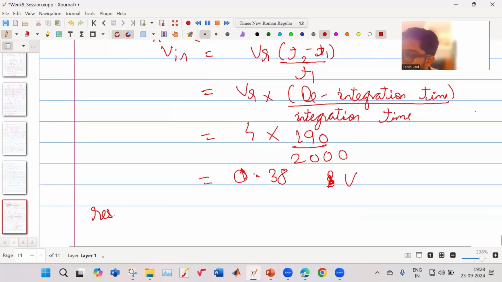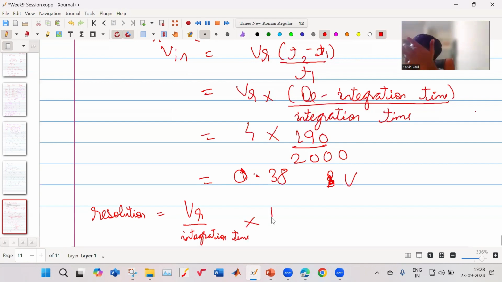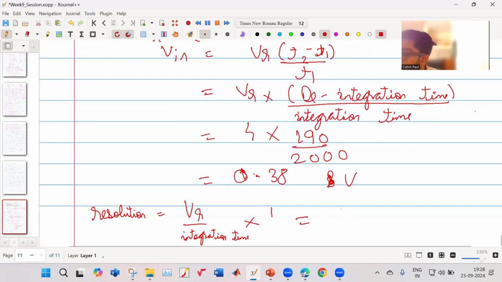The resolution is equal to VR upon your integration time into 1. Your V input could be 1 or 2 or 3 or 4 or 5, but the minimum it can measure is into 1, right? So that is your resolution. And that is given by 4 upon 2000. So what is the value in volt over here?